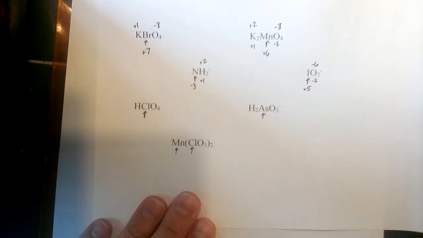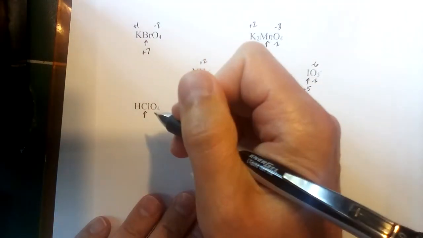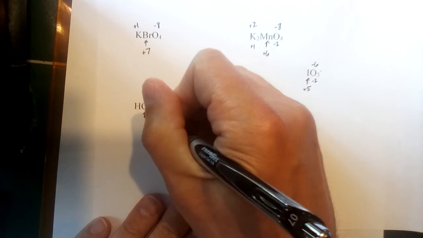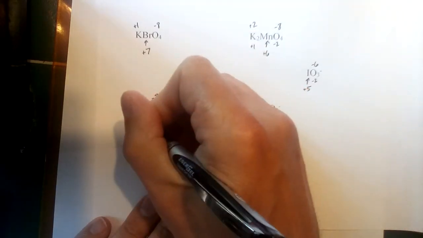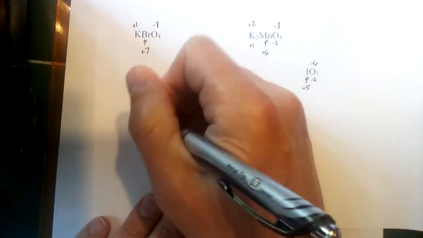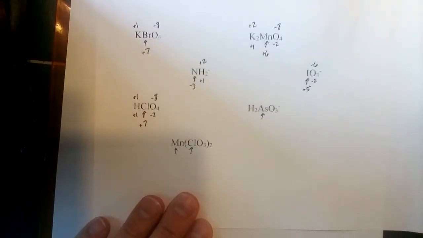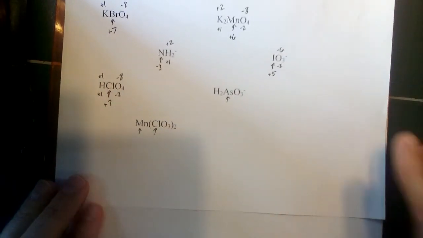This is perchloric acid, although it would be the same in perchlorate, the anion form. -2 for oxygen, 4 oxygens is -8, +1 for hydrogen, only 1 is +1. That means the chlorine here in perchloric acid, or also in perchlorate ion, is +7.